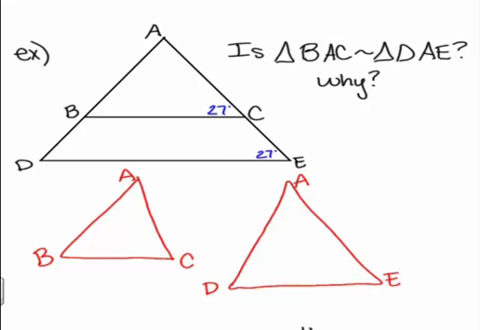After you redraw the triangles separately, you now need to mark what was given to begin with. So I look back at the original problem and I see for triangle BAC that angle C was 27 degrees, and also that angle E is 27 degrees. From there, after you mark what's given, you need to mark what was shared.